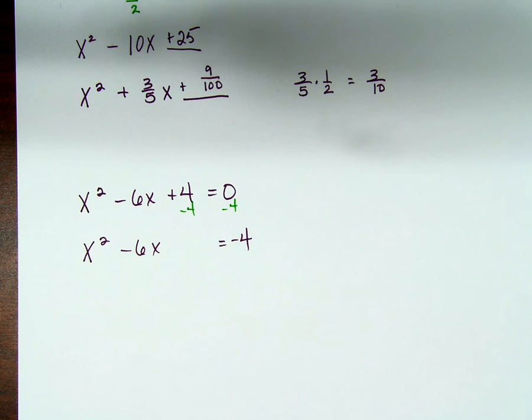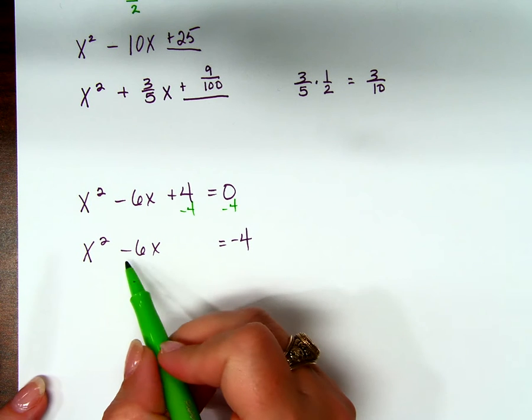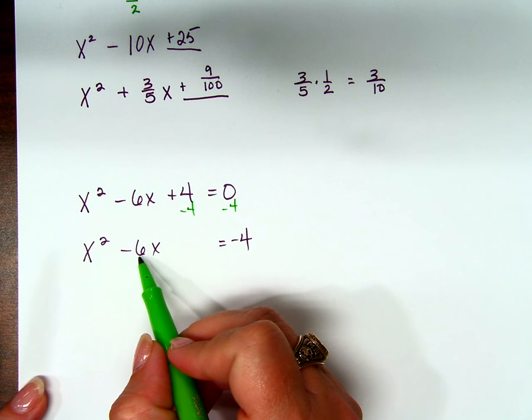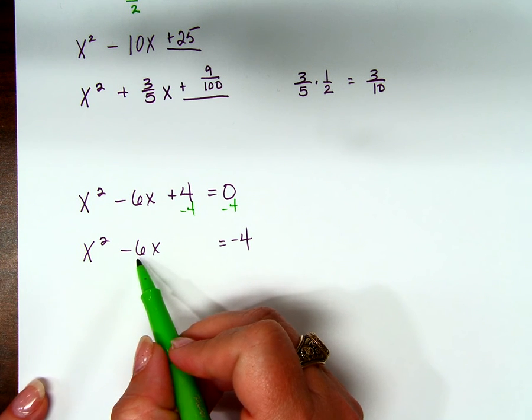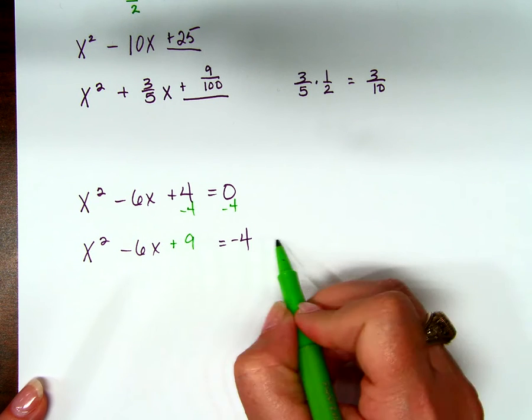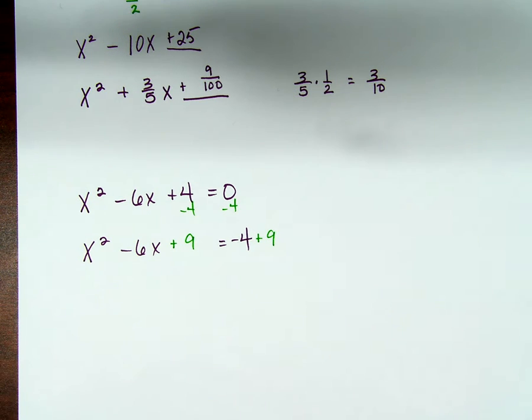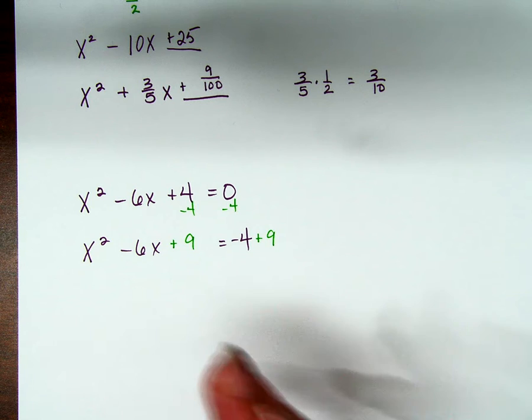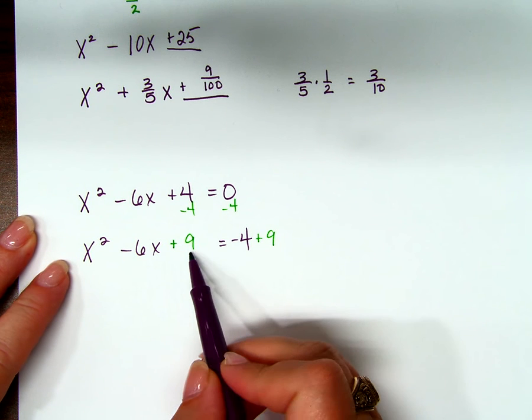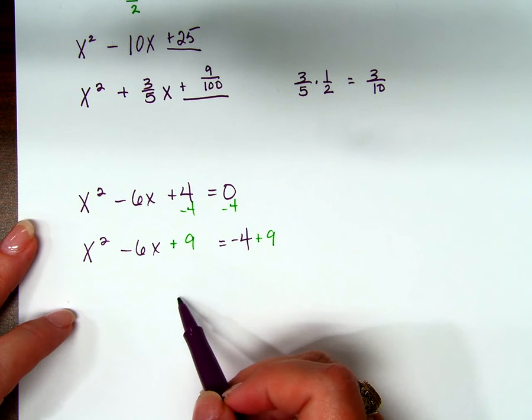I left a blank space because what am I going to fill into that blank space? The square, right? I'm going to complete the square. What is negative 6 divided by 2, squared? So if I add 9 here, I also add 9 there, don't I? Okay? Now I go from my trinomial to my binomial.